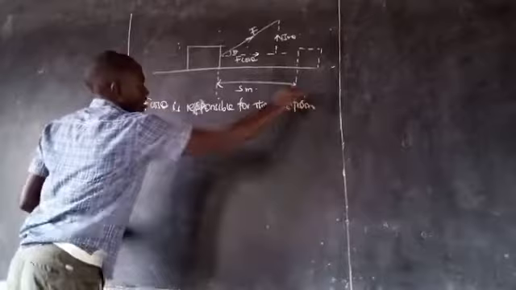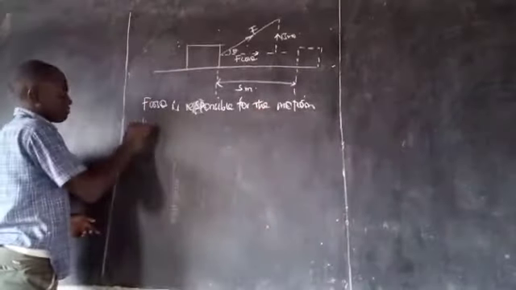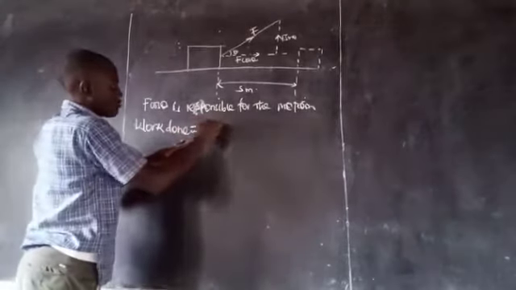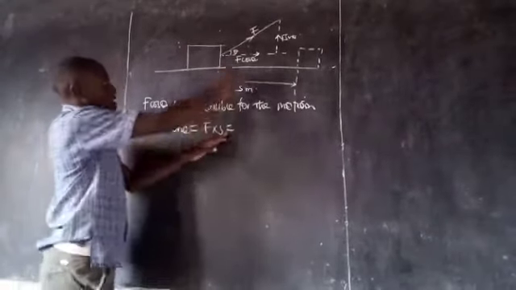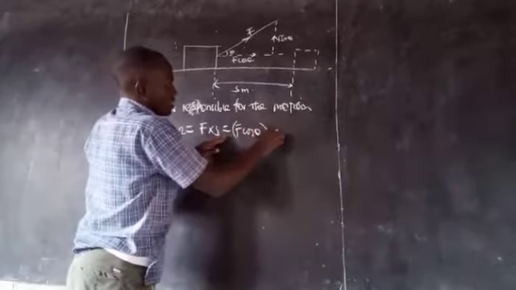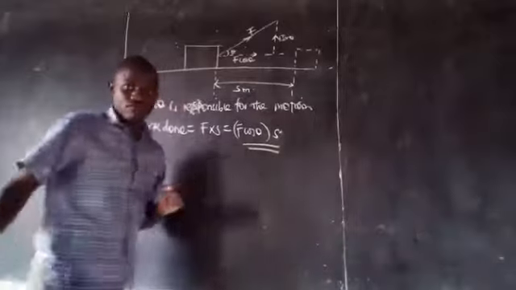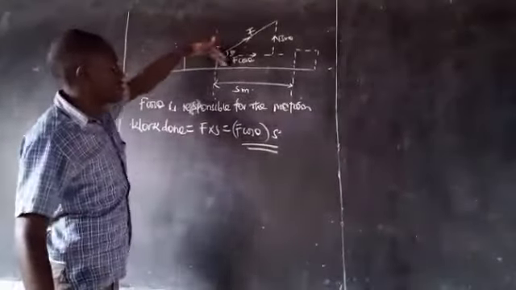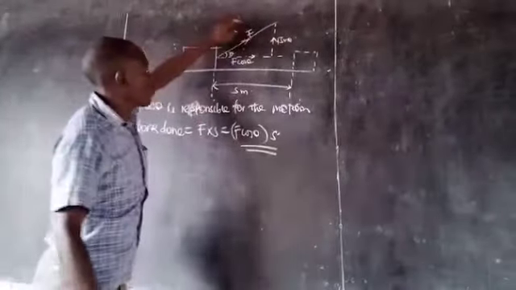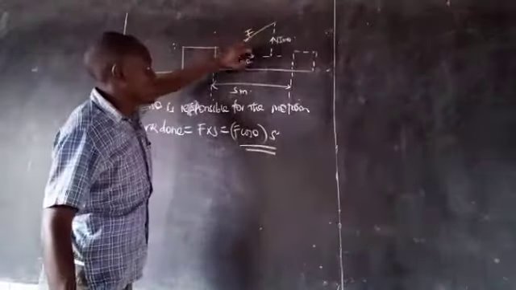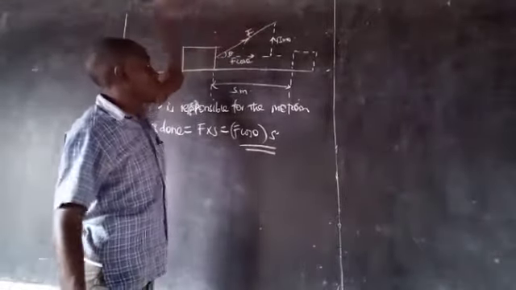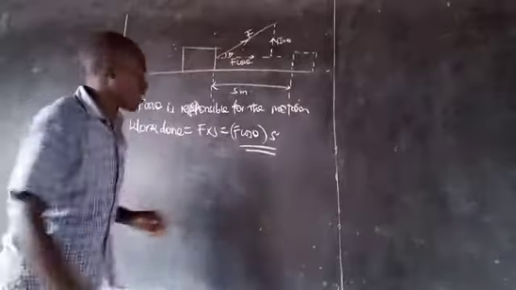And therefore, in this case, we shall say the work done is equal to the force times distance, but the force that does work is F cos theta, and then times the distance S. And we call this one the force which partially does work. It is not the whole of this force that has done the work, but a fractional part of the original force.